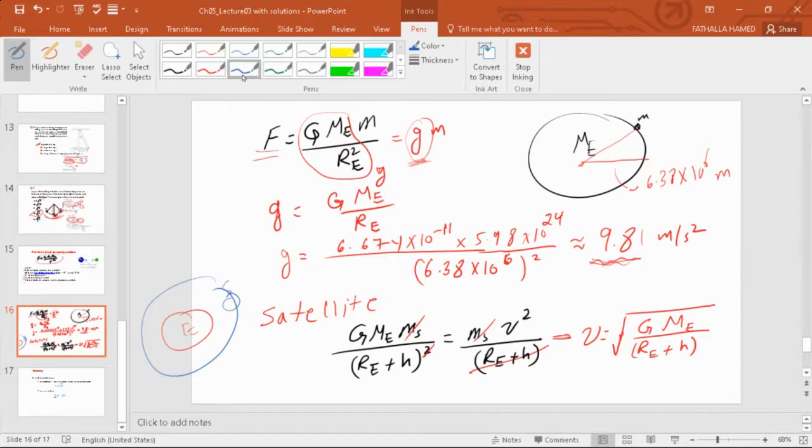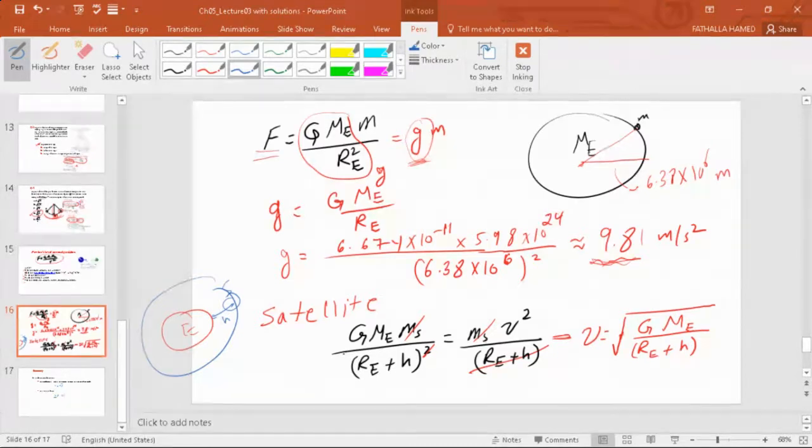You can say that the satellite is h above the Earth. Usually h is very small, but we measure from the center.